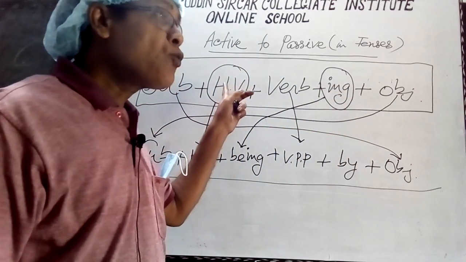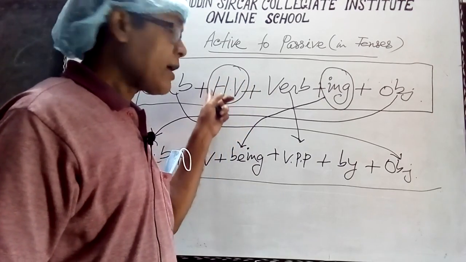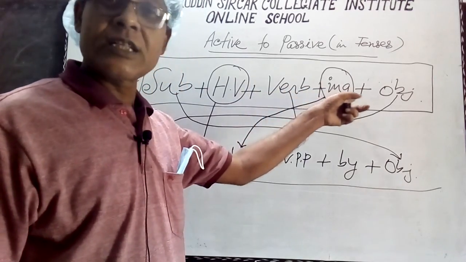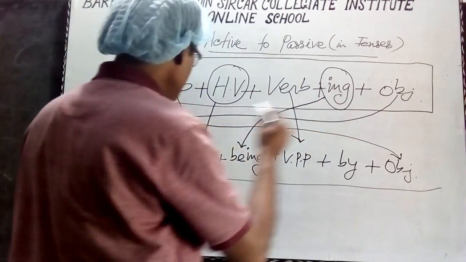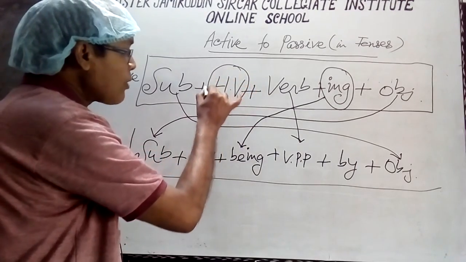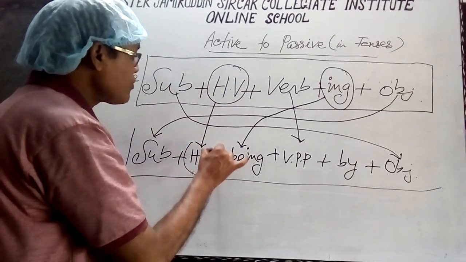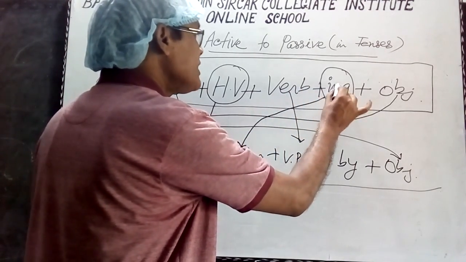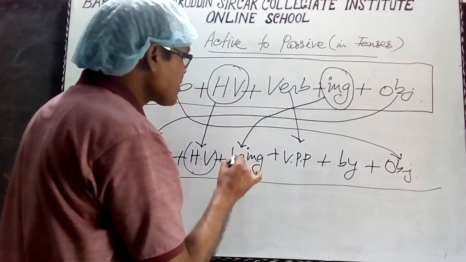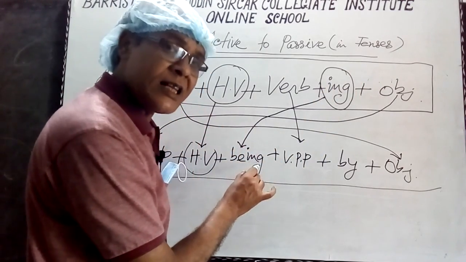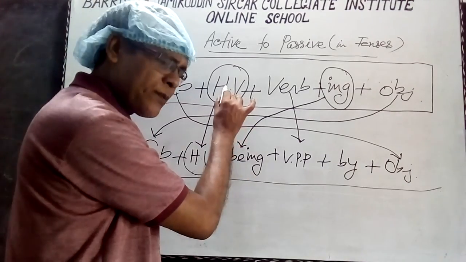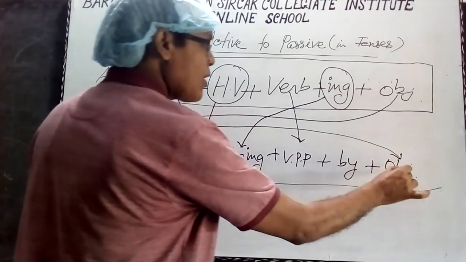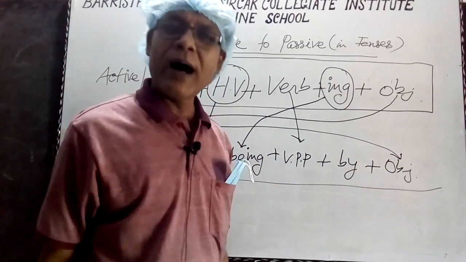And we must remember that according to the helping verb, we must know what kind of continuous it is. Then the object will be the subject here, and the auxiliary will be the same according to person, and as there is ing, removing the ing, we must put being after the helping verb. Then the main verb will be in the past participle form, and the subject will be the object. Before the object we must put by.